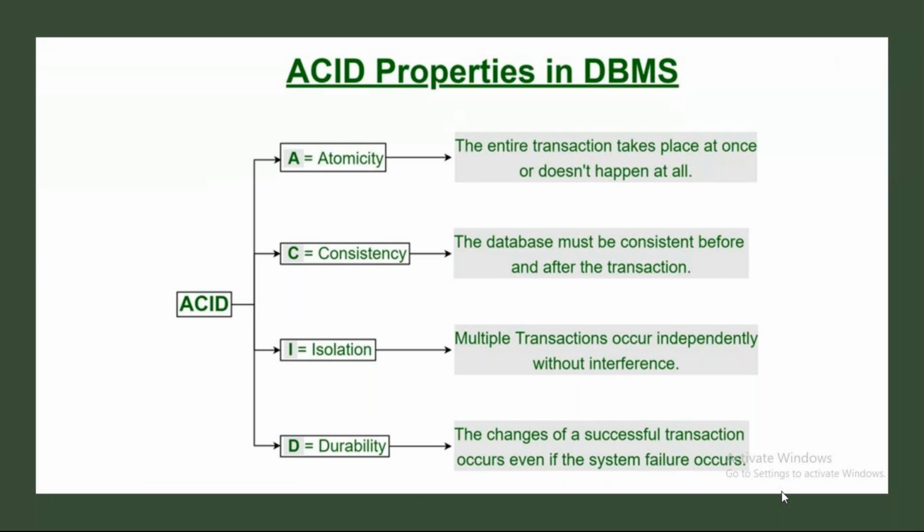At that time you are supposed to pass the tests of these properties: atomicity, consistency, isolation, and durability. These properties should be there in your DBMS if you introduce a new database tomorrow. If it passes, then only the invention you have done will be considered a DBMS. Otherwise, no. That we have seen.